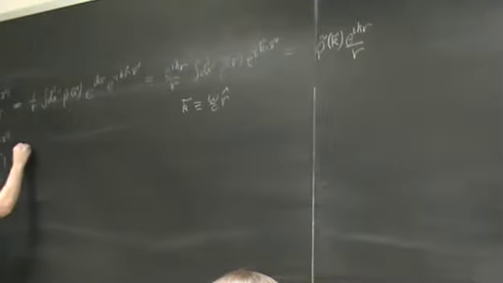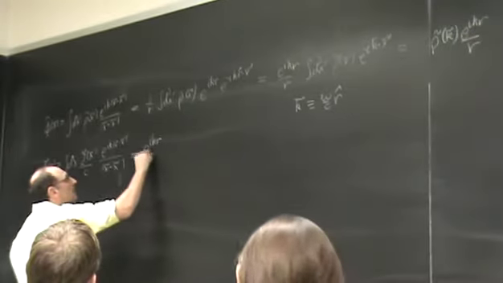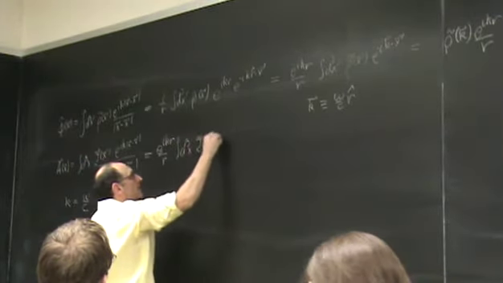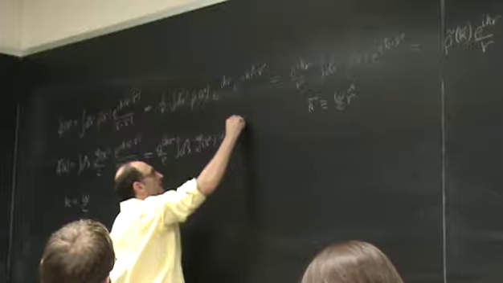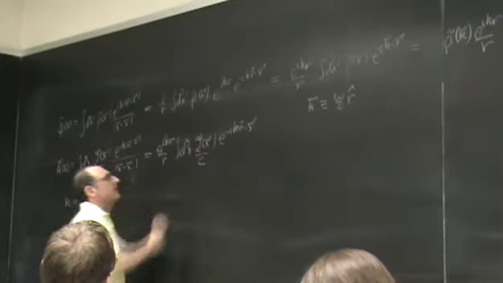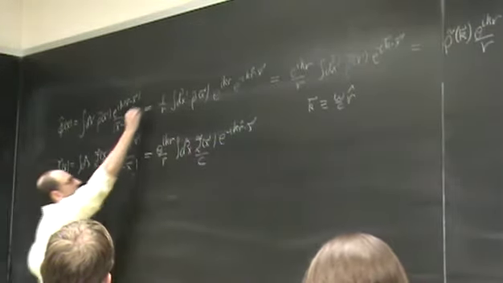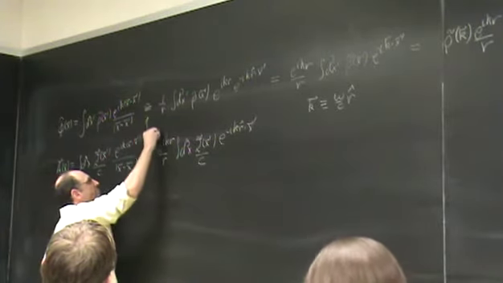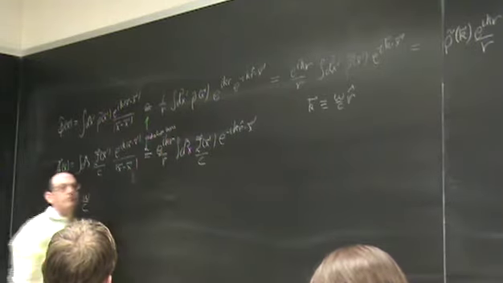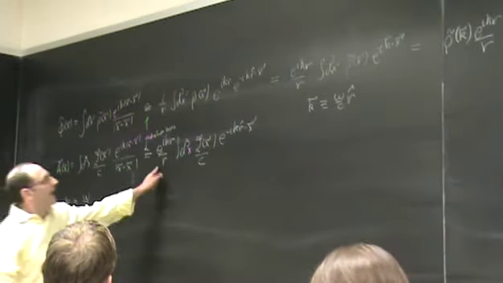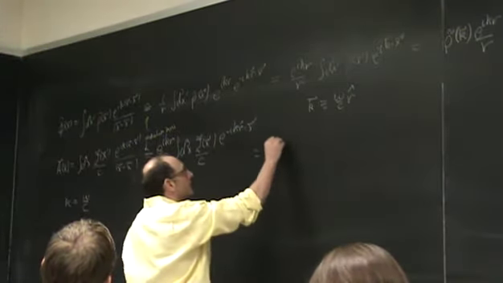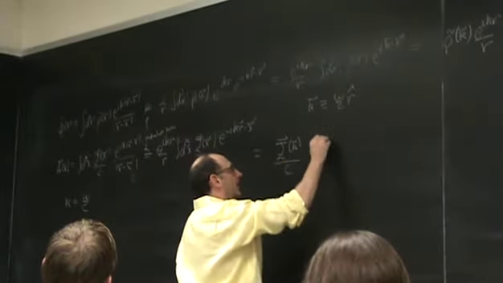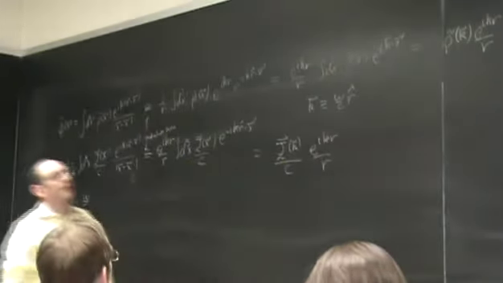Similarly, we have the same expansion here that we did in the radiation zone. So this is in the radiation zone. And again, we see this is equal to the spatial Fourier transform of the distribution weighting the strength of the spherical wave.